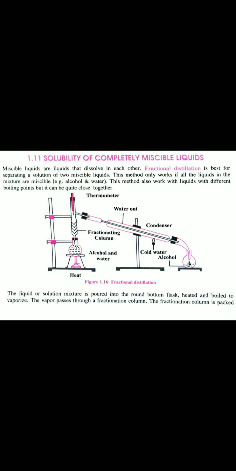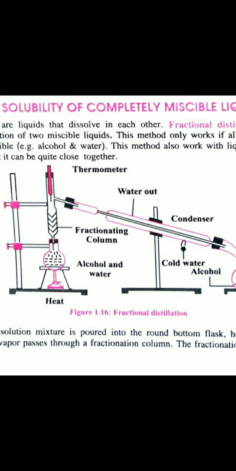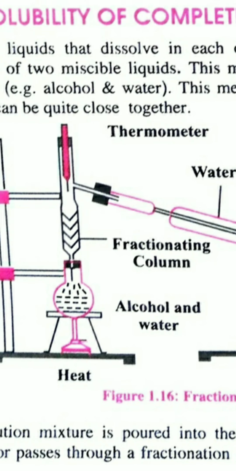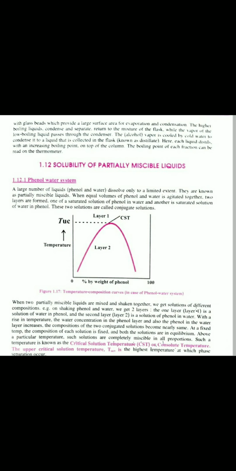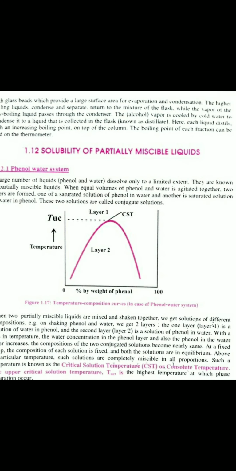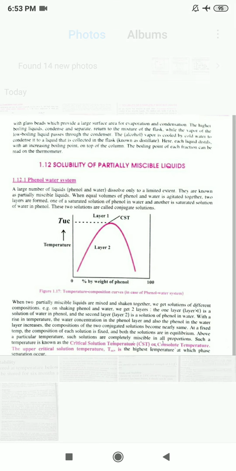Now the vapor passes through the fractional column. This is the fractional column. The fractional column is packed with glass beads, which provide a larger surface area.